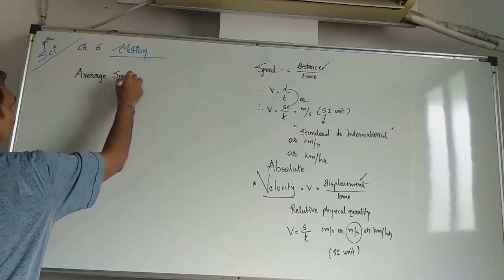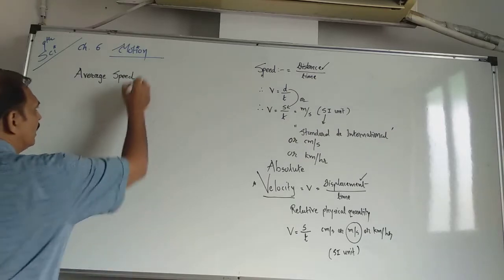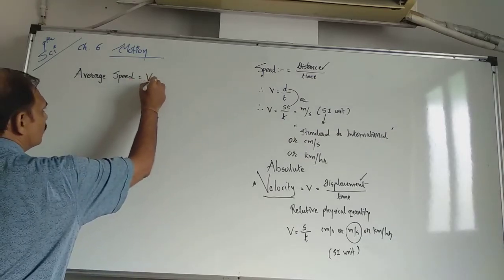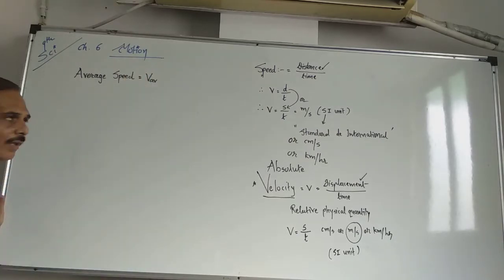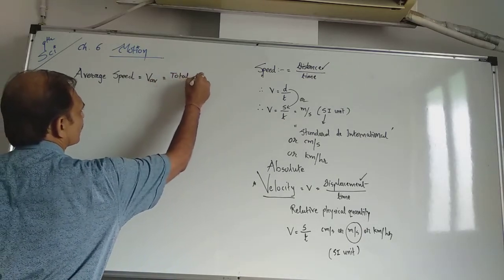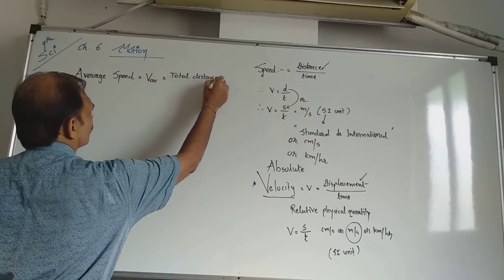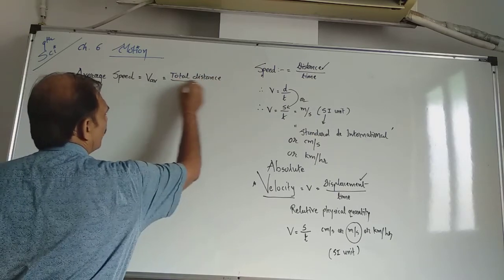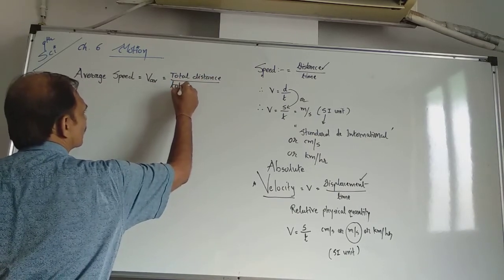See here. Average speed is denoted as V average, V_av. Average speed is total distance upon total time taken.